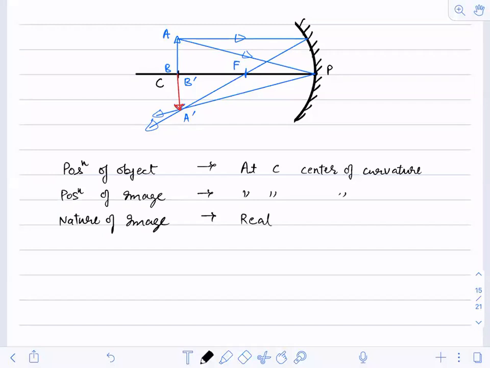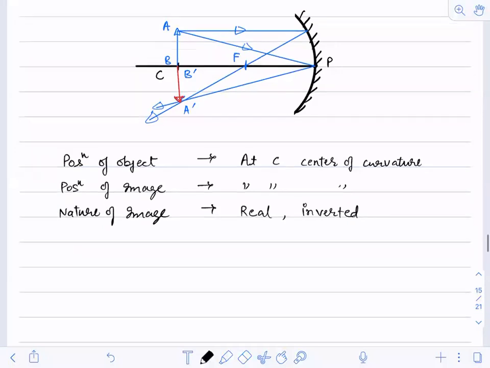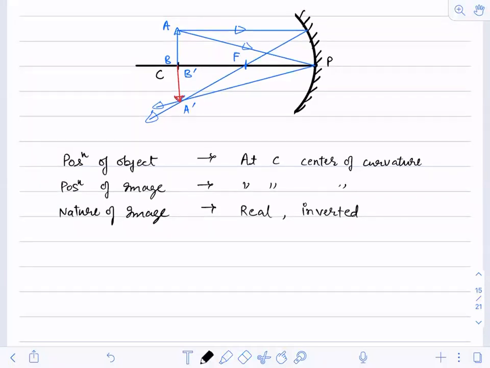That's why this is a real image. So real as well as inverted. Do you see the inverted image? Yes, the top side has become bottom side, so it is inverted. Now nature is done, then size of image.